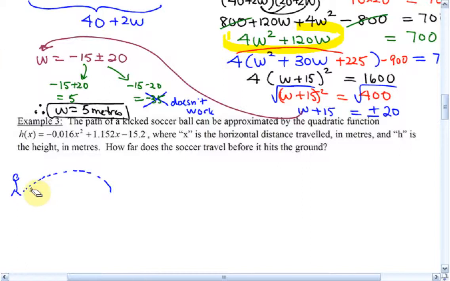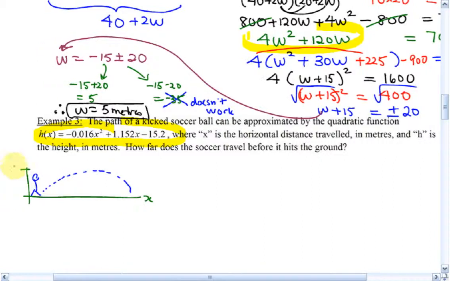What I'm showing you here is that the path of this soccer ball is given by this quadratic equation, where x is the horizontal distance traveled, so think about this being like the x value, and h is the actual height.